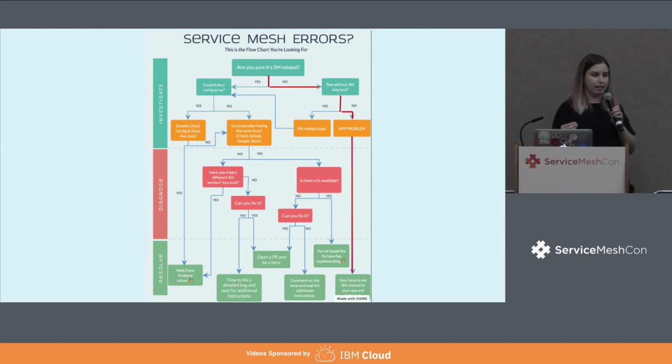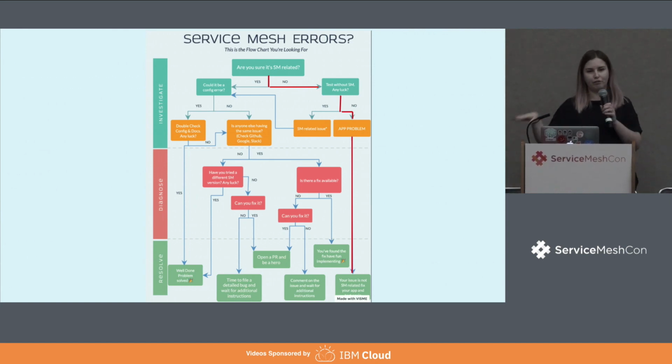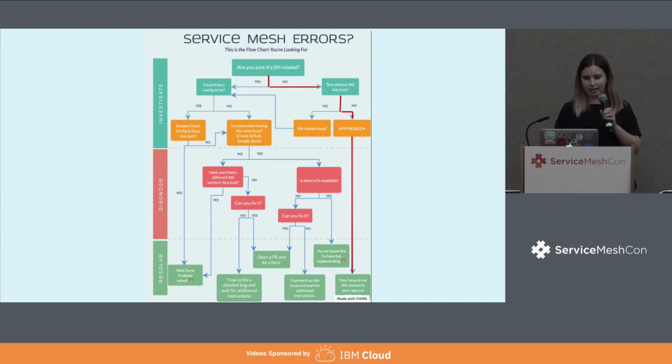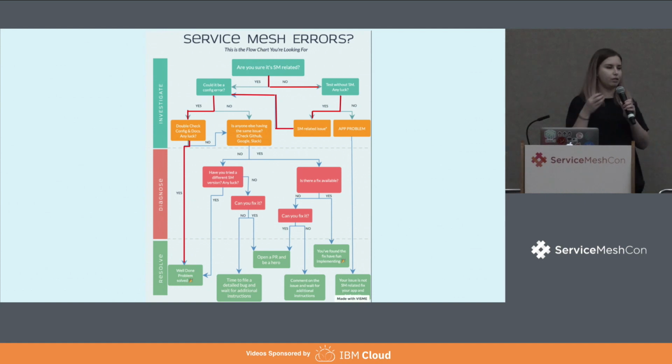If you weren't lucky, aka if the error still persists, then it seems like you have an application error. So forget about the service mesh, go and fix your application, try everything again. However, if the test you're trying to do was successful when you unmeshed the application, then it's quite safe to assume that you're having a service mesh related issue.